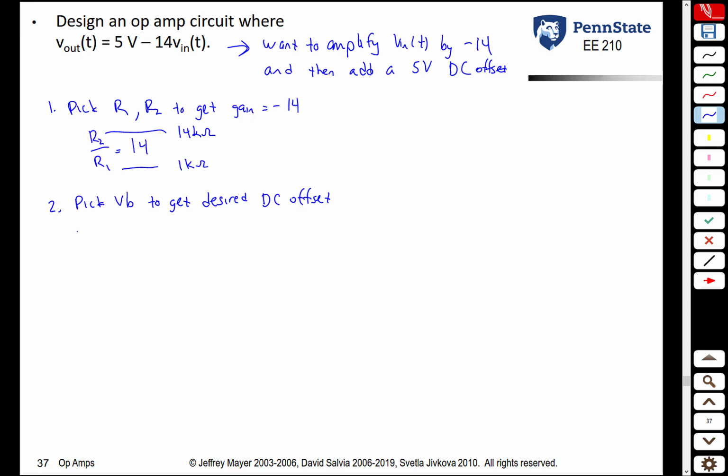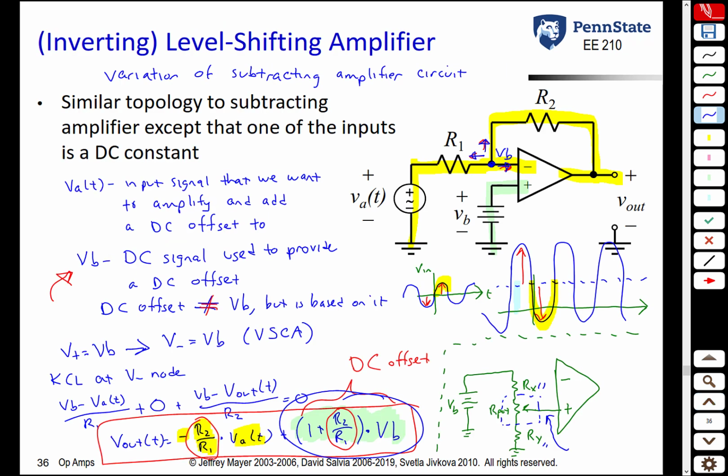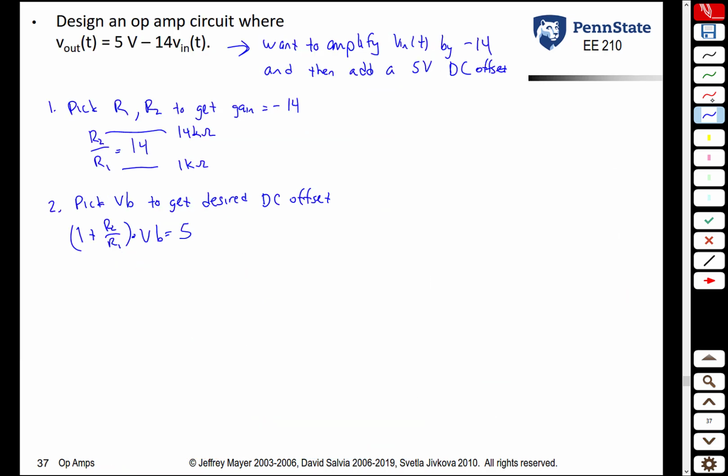Specifically, we know that 1 plus R2 over R1 times VB has to equal 5 volts. That comes from the second part of this expression here. Since R2 over R1 is 14, we get that 15 times VB is equal to 5 volts, where VB is 1/3 of a volt.